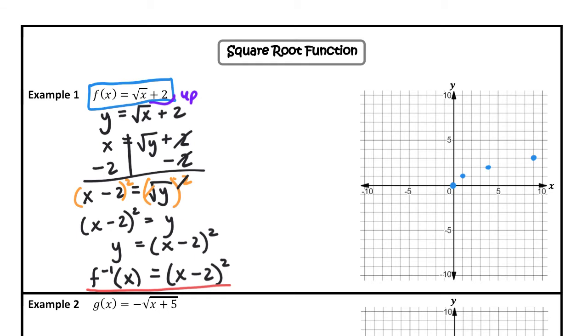So all these points, I'm going to go up 2, and I'm going to erase the originals. Okay, and then I'm going to graph or connect.